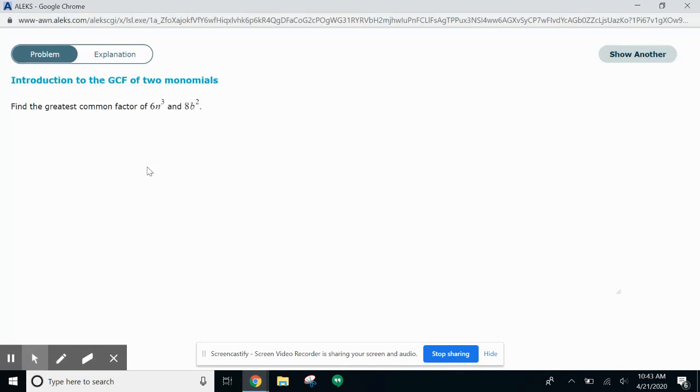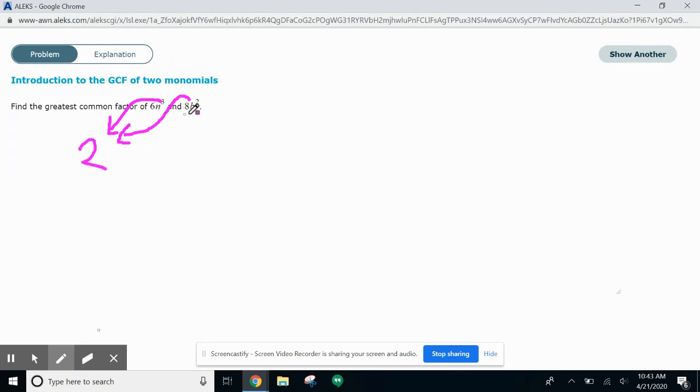Here's a good one. Now with these two terms, which is why I liked this one more than the last one, 6 and 8 have a common factor of 2. So out of this term and out of this term, what am I going to take out? Well, 6 and 8 can both be divided by 2.